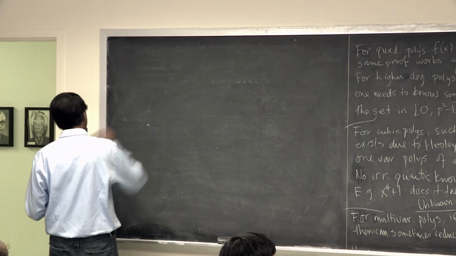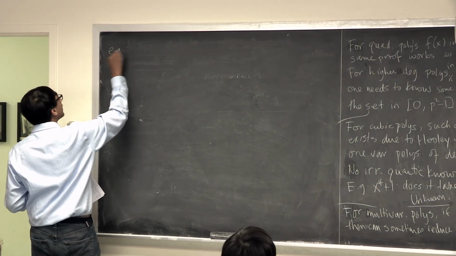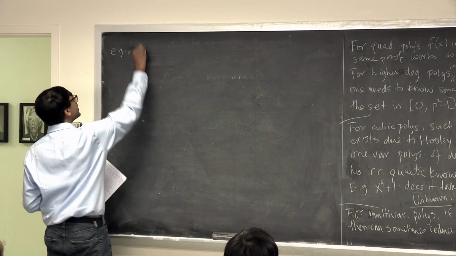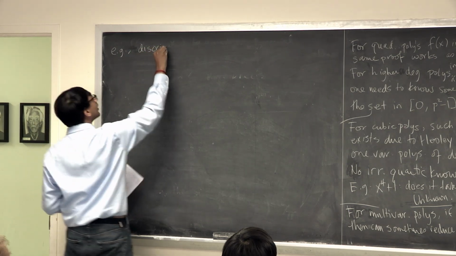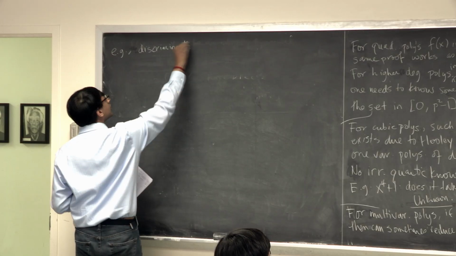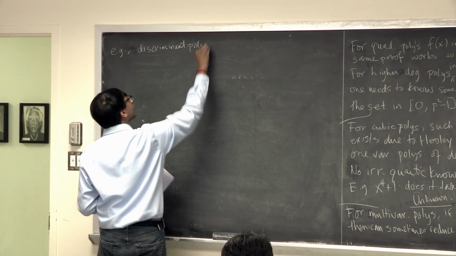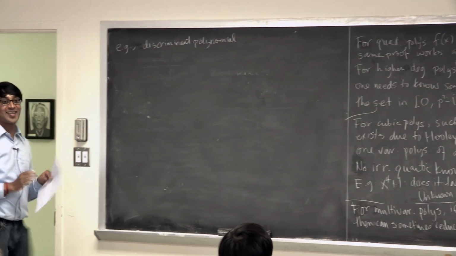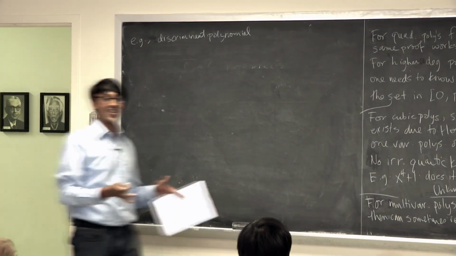So one example to keep in mind, because it's a polynomial that one can explicitly write down, is the discriminant polynomial of a polynomial. Okay, so the discriminant is a polynomial, right?